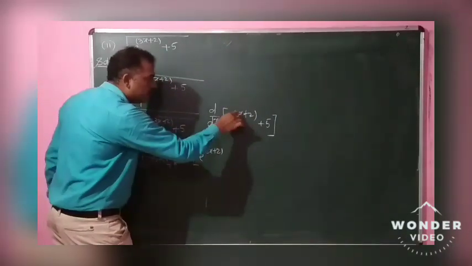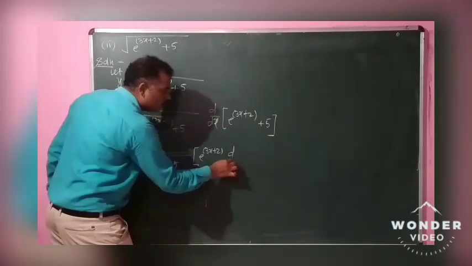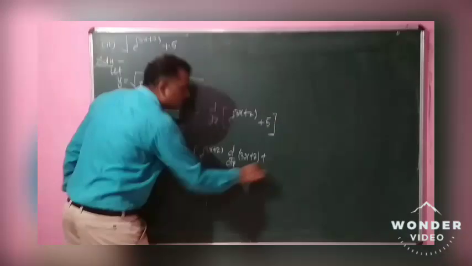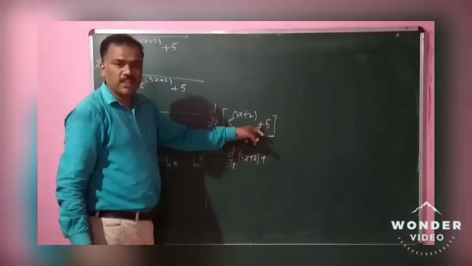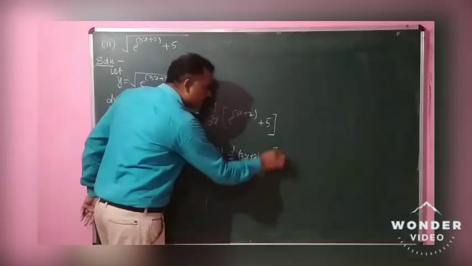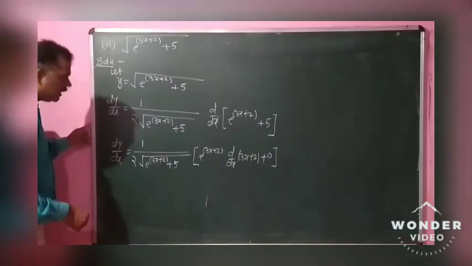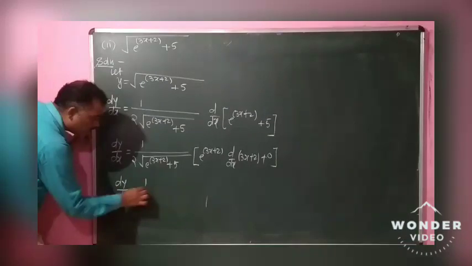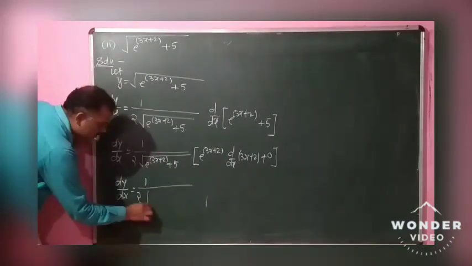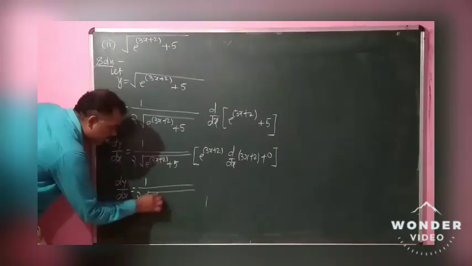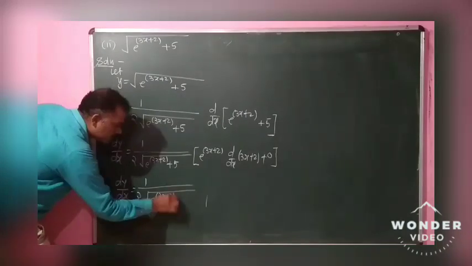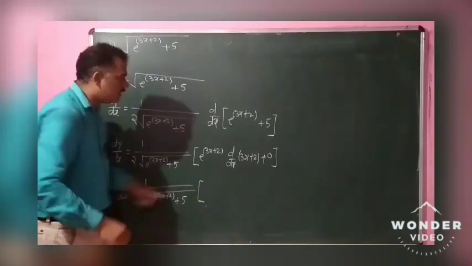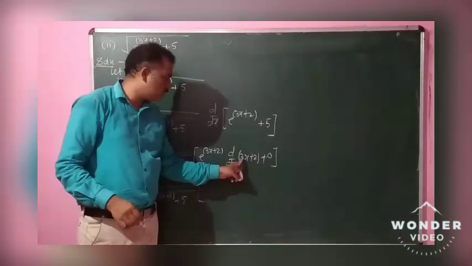Now we have to take the derivative of 3x plus 2 into d dx of 3x plus 2 plus, here 5 is a constant, so its derivative is 0. Now what we have to get? dy by dx is equal to 1 upon 2 times under square root of e raised to 3x plus 2 plus 5 into, what is the derivative of 3x plus 2?